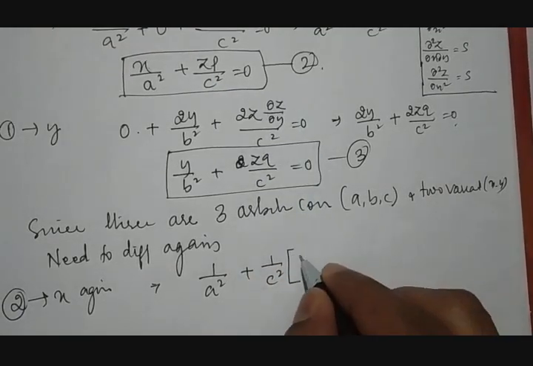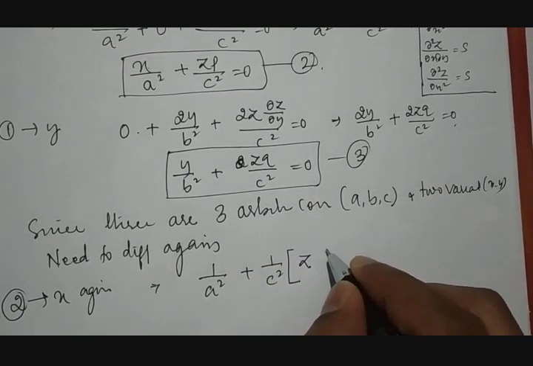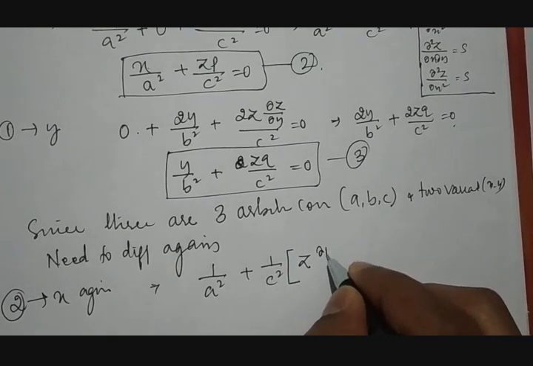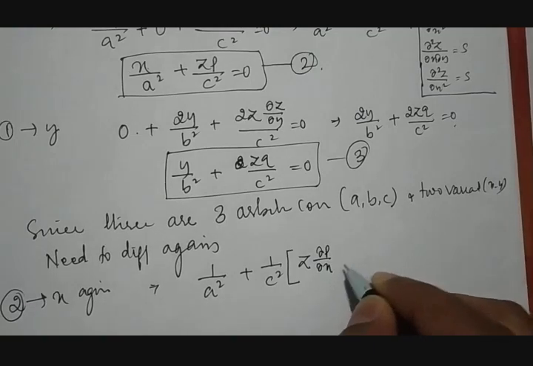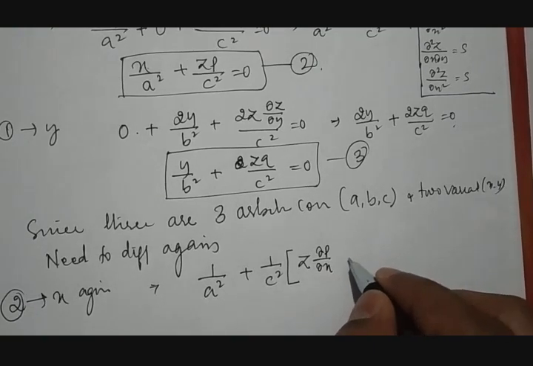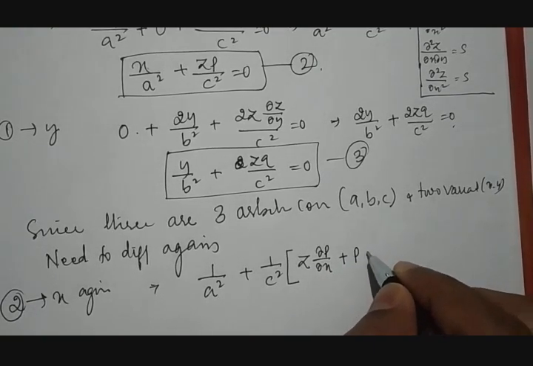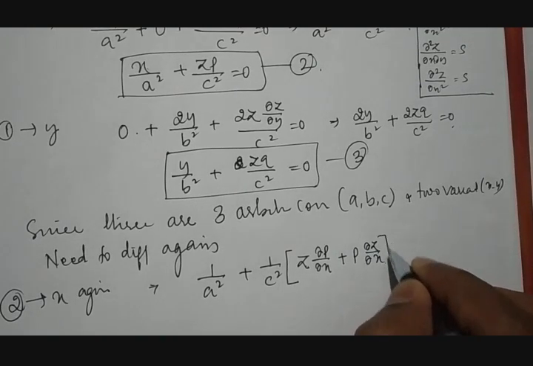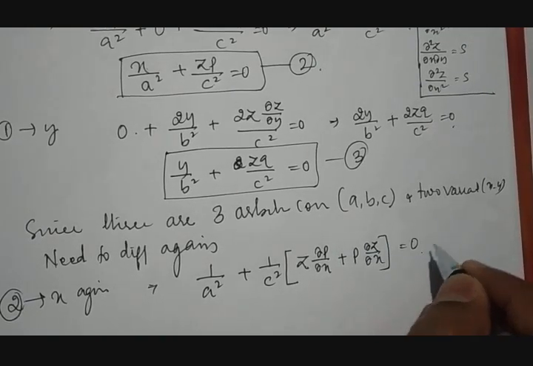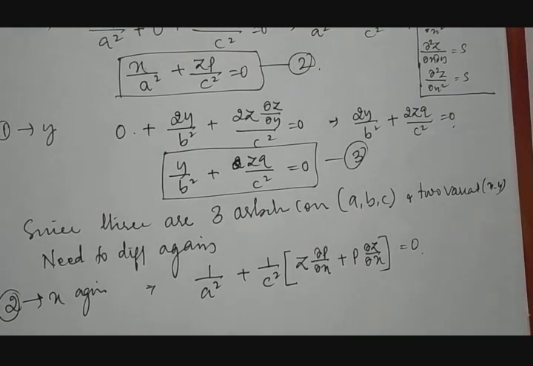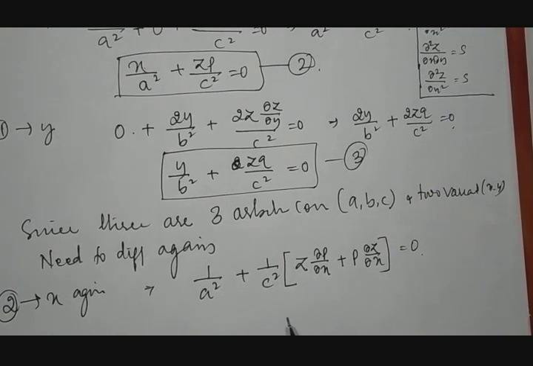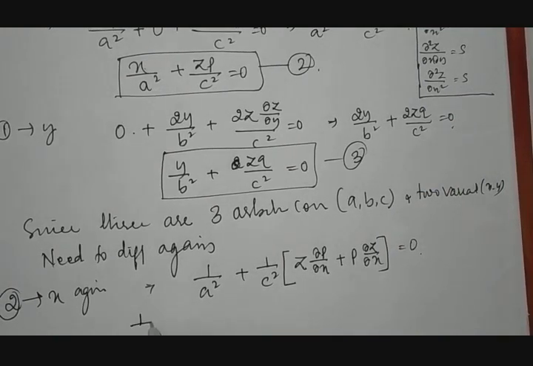If we keep z common, then differentiation of p with respect to x, plus if we keep p common, then differentiation of z will be dou z by dou x, is equal to 0.